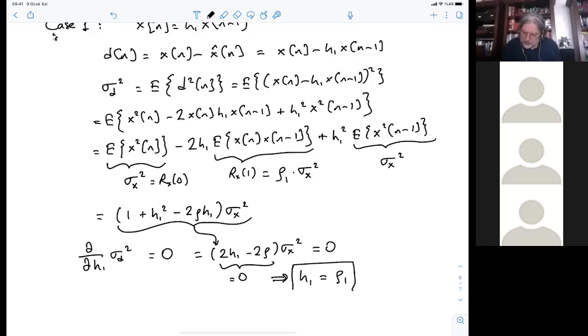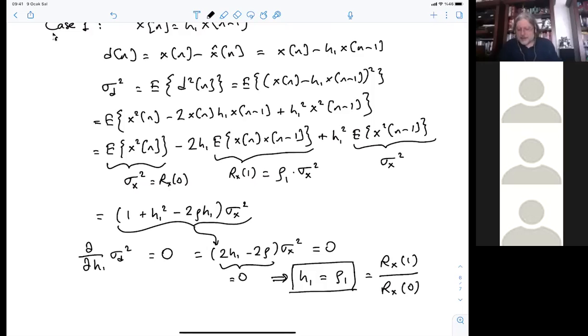And you can put it in a box because that is the result that we get. The optimum first order linear prediction filter coefficient h1 is equal to rho 1. You can also write it as Rx1 over Rx0 if you wish.